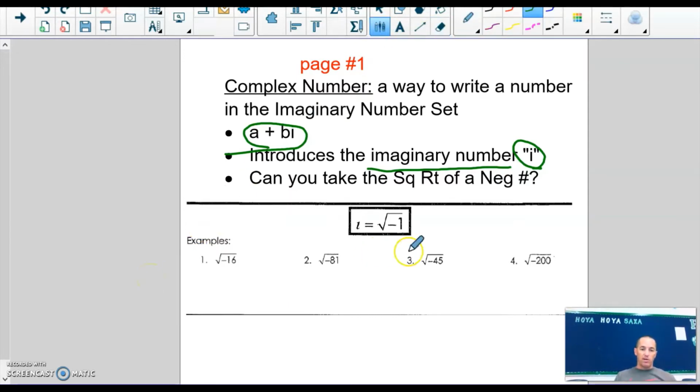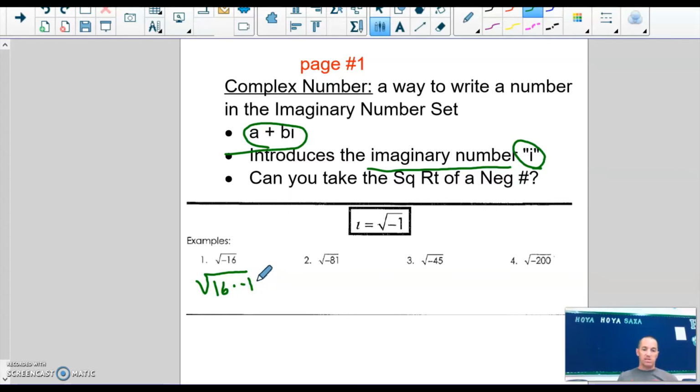We know by talking just a second ago that the square root of 16 is 4. So the way we're going to rewrite this now with the imaginary numbers, I'm sorry guys, we're going to write that as the square root of 16 times negative 1.